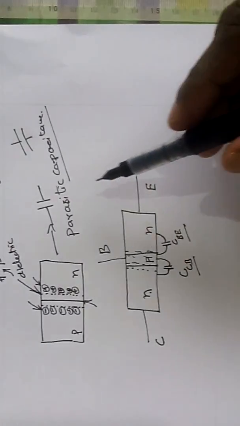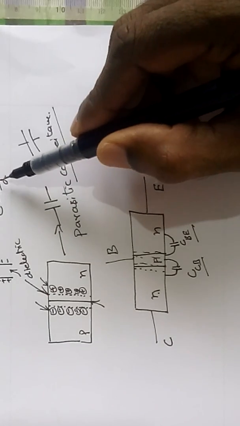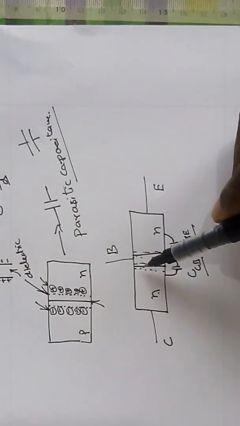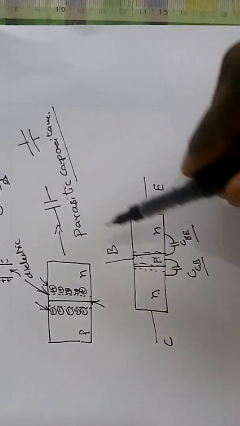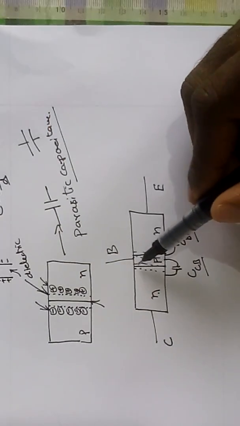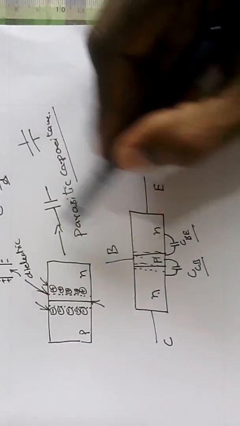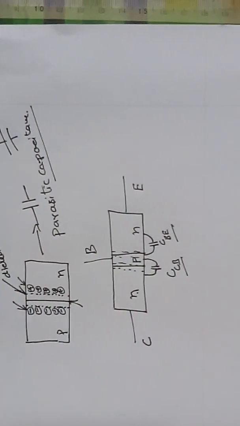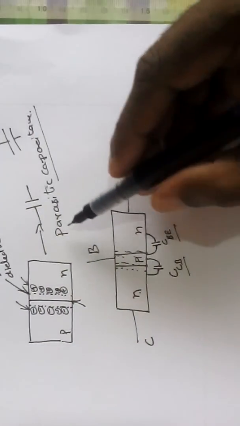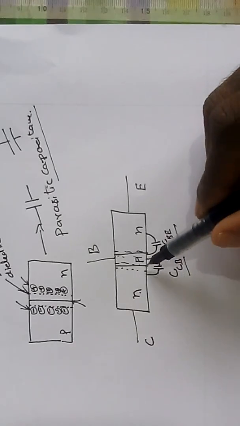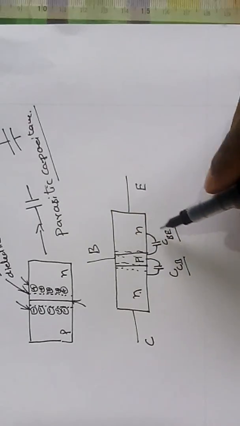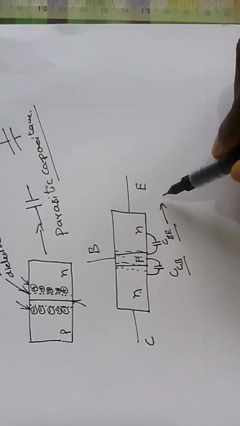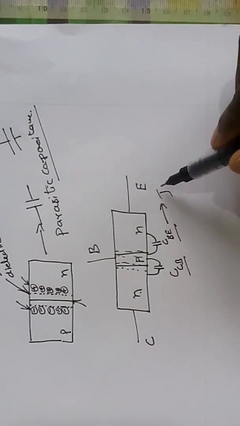As we know, C is equal to epsilon A by d. Here d is the thickness of the junction barrier, A is the dimension of your device, and epsilon is the dielectric constant. This parasitic capacitance due to the PN junction is what we call junction capacitance.